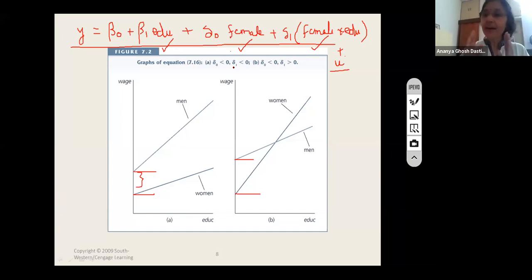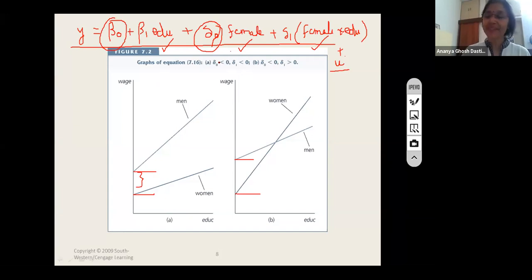Once you have done that, then you will see that you have done exactly what you wanted to. In this model, the beta naught hat is the intercept of the male regression line. The delta naught is going to be an estimate of the difference in the female minus male regression lines.